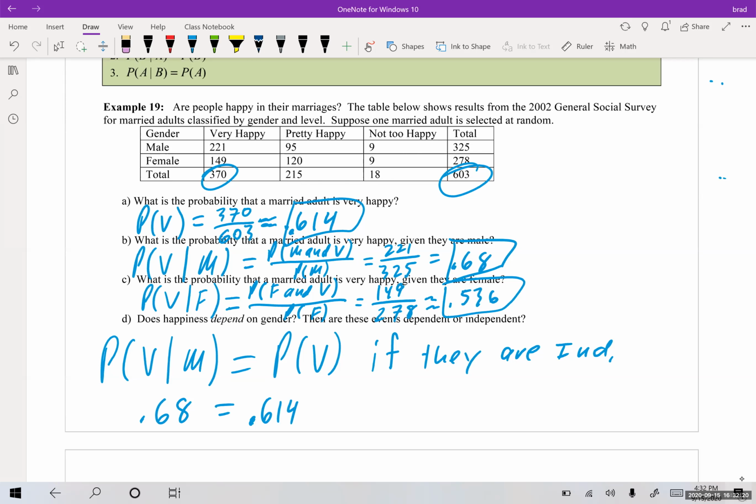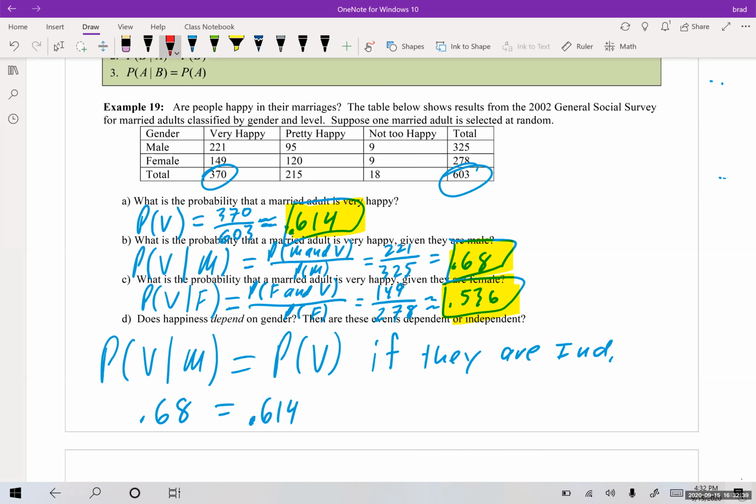So all I did is I said, if in fact they were independent events, the probability of being very happy should be the exact same as the probability of being very happy given you're male and the probability of being very happy given you're female. It should not matter, right? If they were independent.